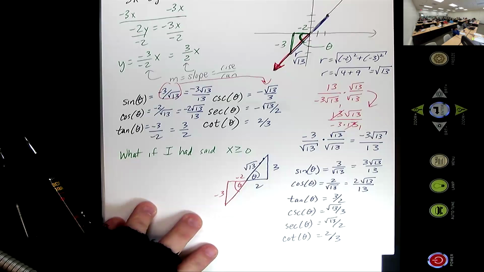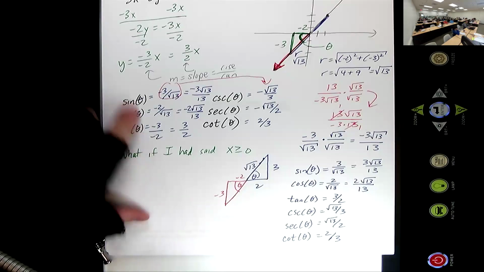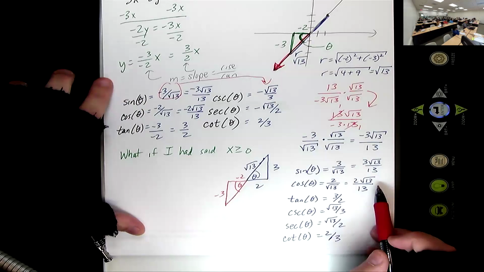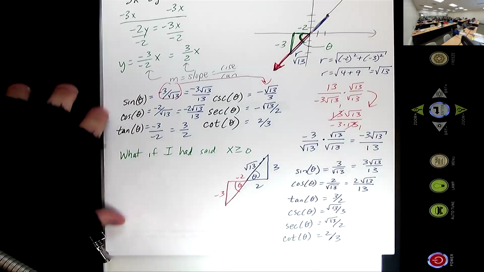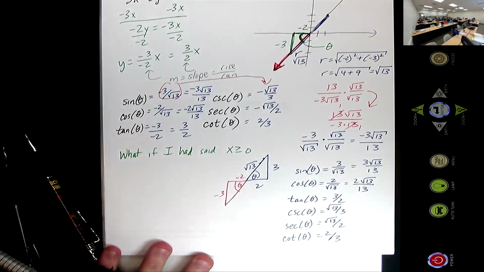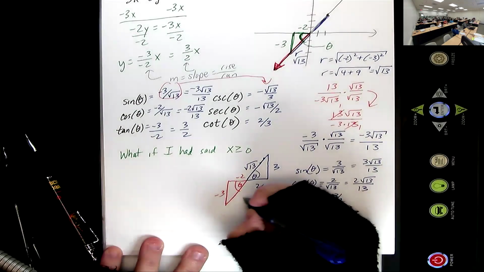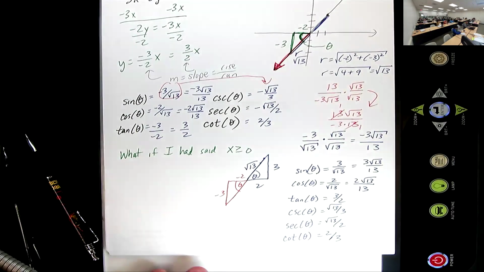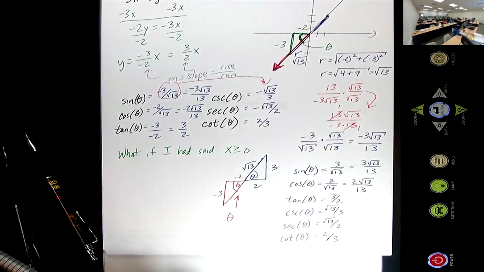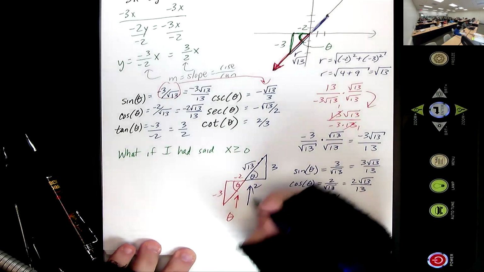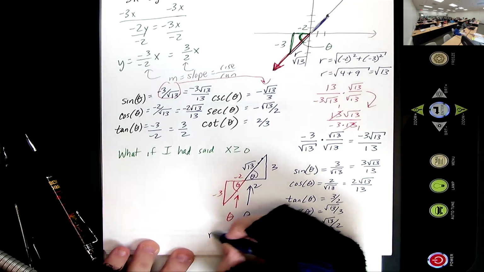Just opposite signs, like sine and cosine are opposite signs. Secant and cosecant are opposite signs. But tangent and cotangent are the same sign. This is because these two angles, red theta and blue theta, are called reference angles.